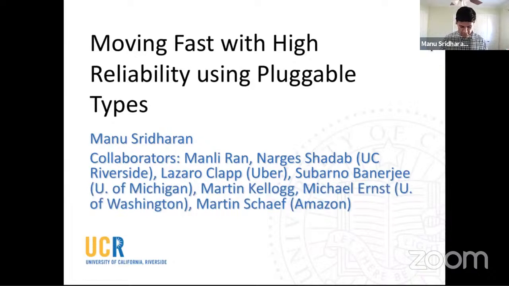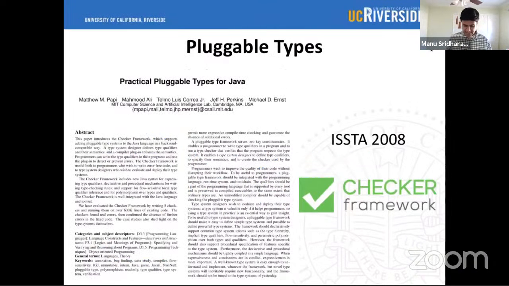What are pluggable types? This is a technique that's actually been around in various forms for quite some time. The idea with pluggable types is that you can extend your compiler with additional type checking for new kinds of properties beyond what comes built into the language, like Java. We're going to be focused in this talk on the Java language.